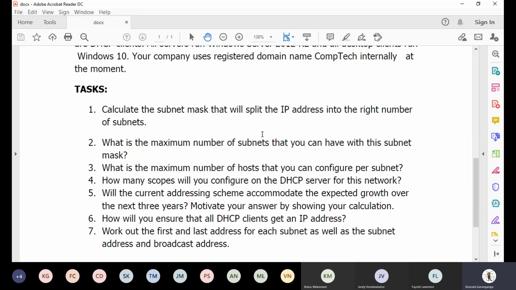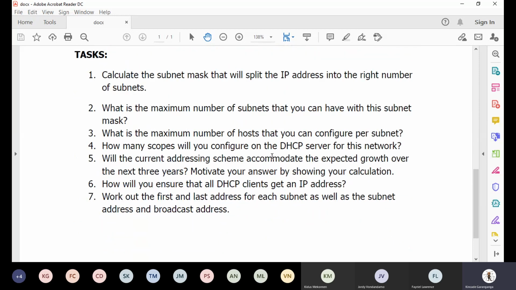So now we want to look at how we can tackle these distinctive tasks or questions here. Has anyone managed to complete anything for me? Because remember, this is a discussion.